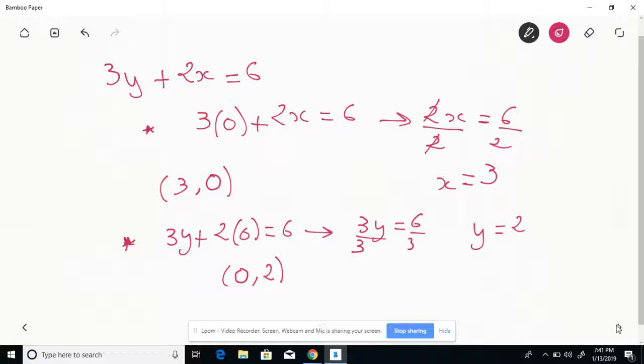Let's draw the graph to see how it looks. The equation is 3y plus 2x equals 6. We got the y-intercept 0, 2 and the x-intercept 3, 0.